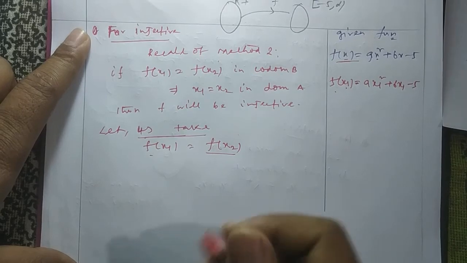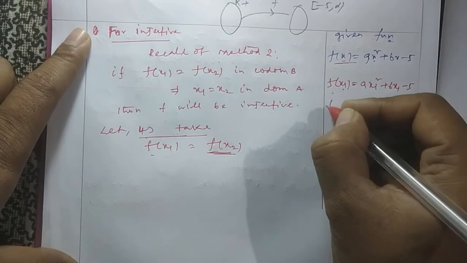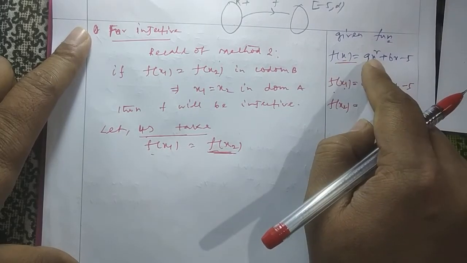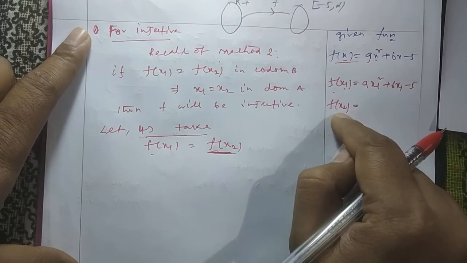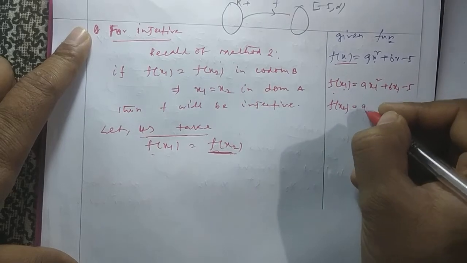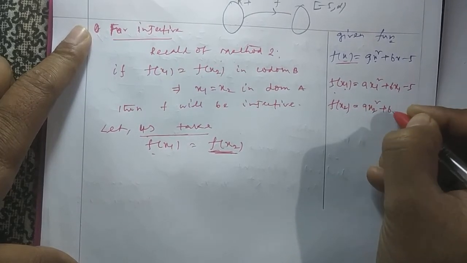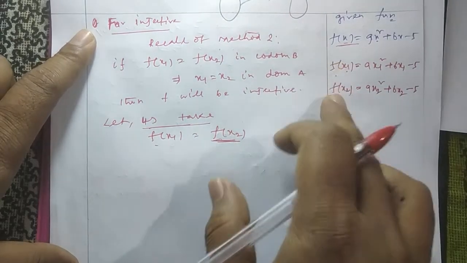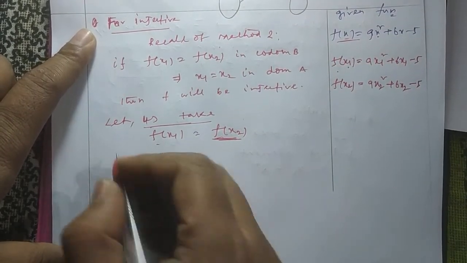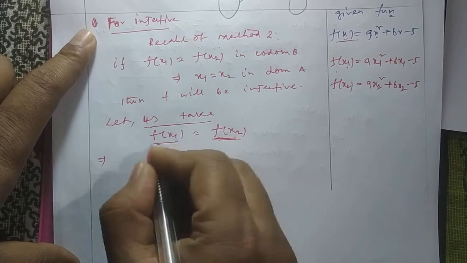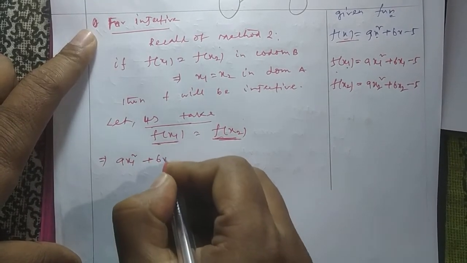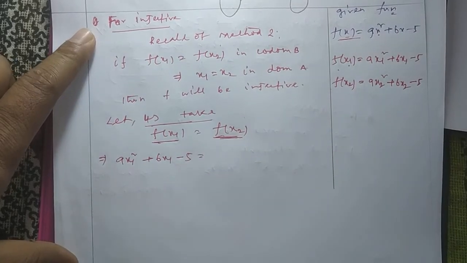Correct? And similarly, f of x2 will be simply replacing x on both sides by x2 to get f(x2). It will be 9x2 square plus 6x2 minus 5. Correct? Now let us put down all the values here. So here f(x1) is 9x1 square plus 6x1 minus 5. Correct?